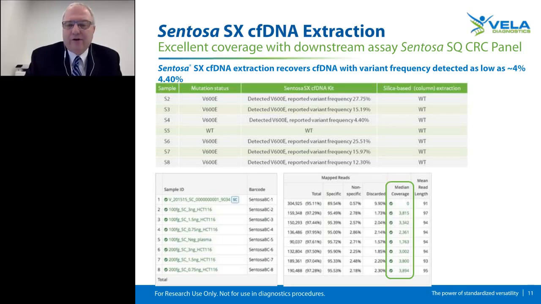So very, very low frequency mutations able to be detected with the system down to 4%. The bottom table describes the median coverage obtained from the sequencing system. So we're looking at a median coverage of roughly 2,000 to 3,000 reads for the detection of each one of these particular mutations.